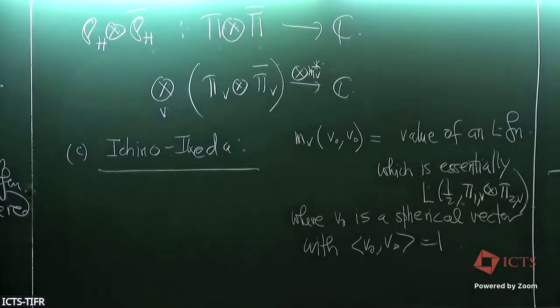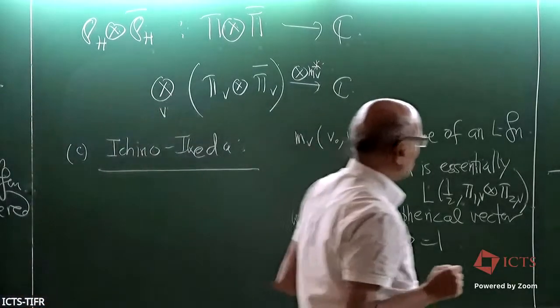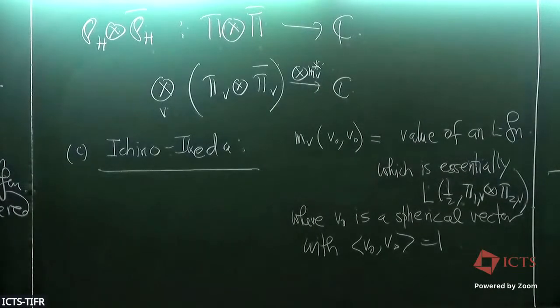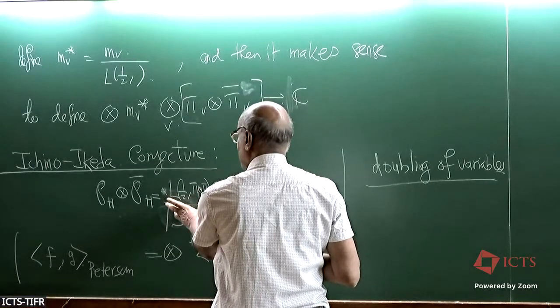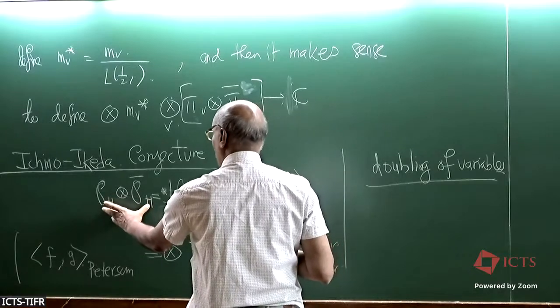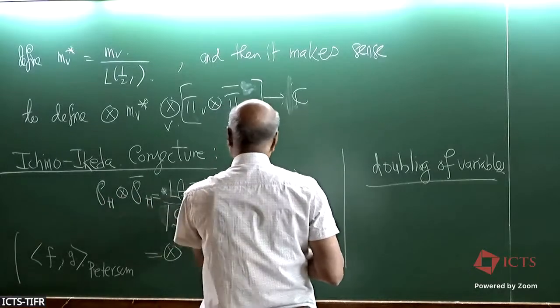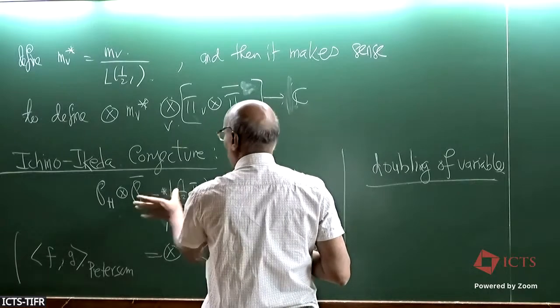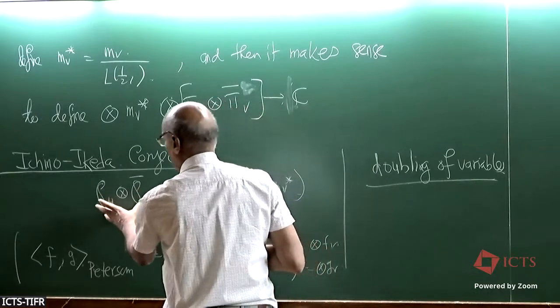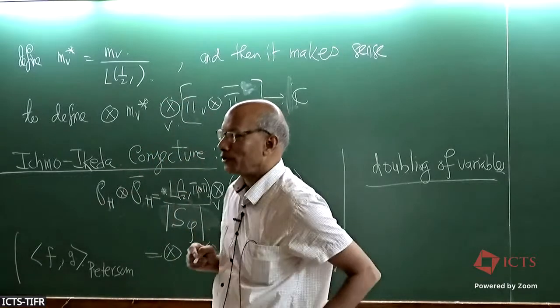Why is doubling necessary? Akshay Venkatesh has large papers to explain why doubling is necessary. Part of the reason is that this L value is also known to be positive, and mod f integral mod f square is also positive, so this period integral had better come with an absolute square.